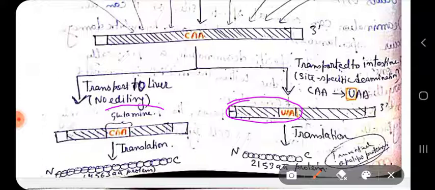I think you have understood this part. So this is the type of RNA editing. The same RNA which codes for apolipoprotein B is doing different functions in your intestine as well as in your liver.